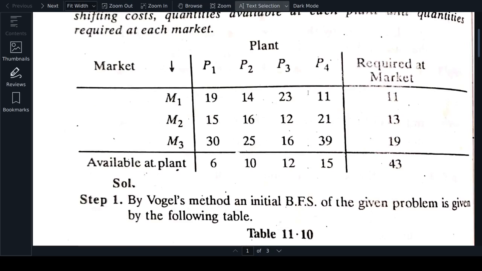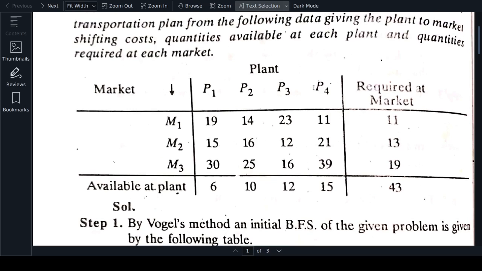By the MODI method, we check whether this value is optimal or not. Suppose we solve this transportation problem by Vogel's approximation method, then we check whether this is the optimal, meaning lowest cost, or whether we can get a lower value after this.